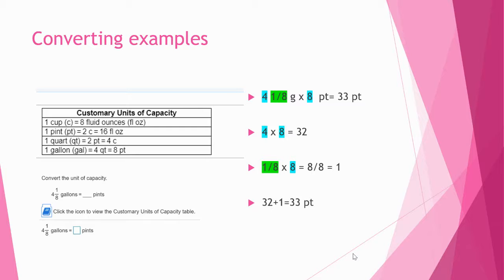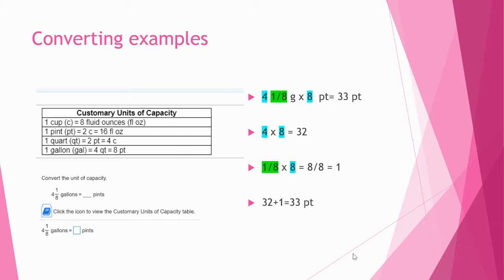Another example was with a fraction. Well, we have worked on multiplying fractions times whole numbers. Again, click on the icon that shows you the customary units of capacity table. As you can see, it's 4 1/8 gallons and pints. Well, there are 8 pints in a gallon.